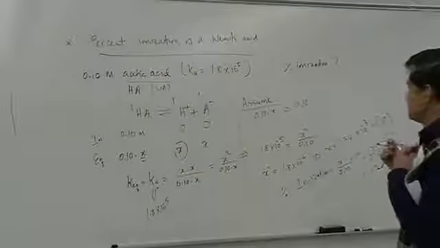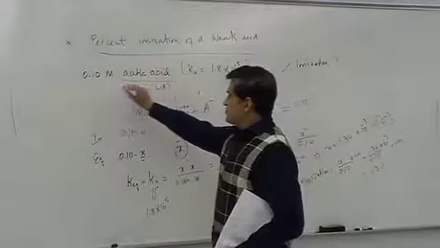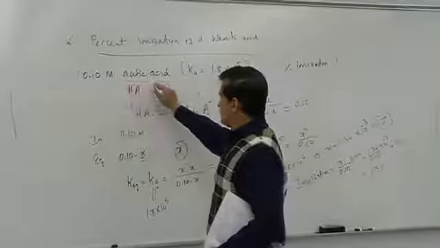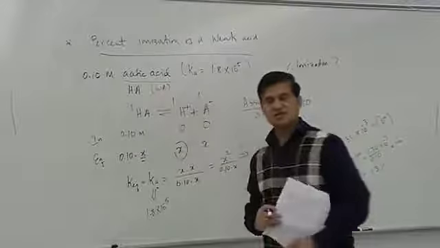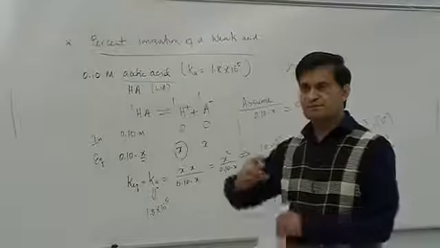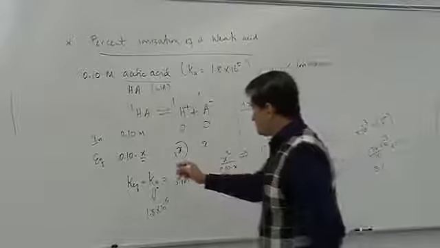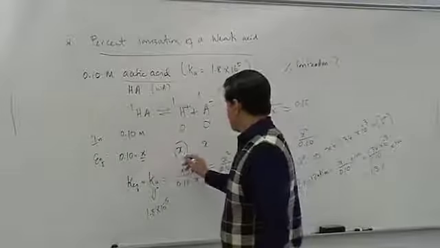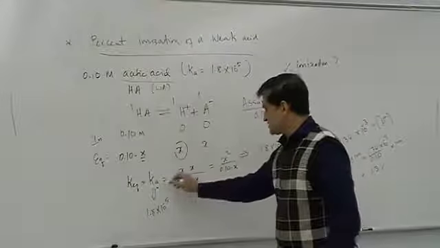So let me review this. This question gives 0.10 molar of weak acid and the Ka value is given. The question is, what will be the percent ionization? Percent ionization is what percent of the original acid would break down. We assume that to be X, and that gives you X of H plus and X of A minus. Then you set up an equation, that's Ka.